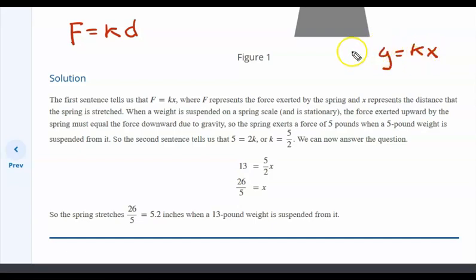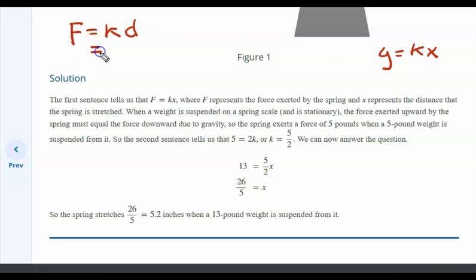So y here will be the force, which is the weight applied, is equal to some constant that'll give you a certain stretching of the spring, and we're calling that distance. Now, in the text, they're leaving it as x. I like to call the x distance.